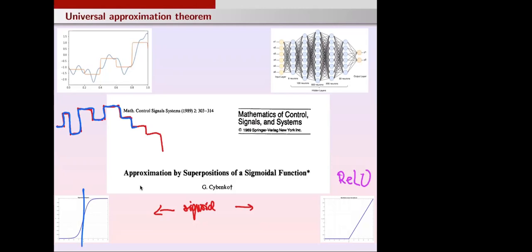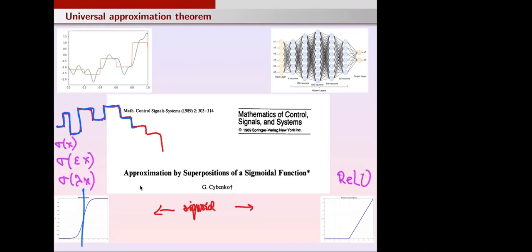Because if you give me such a sigmoid function sigma of x, and you scale it, when epsilon is very small, you will make this transition very long.